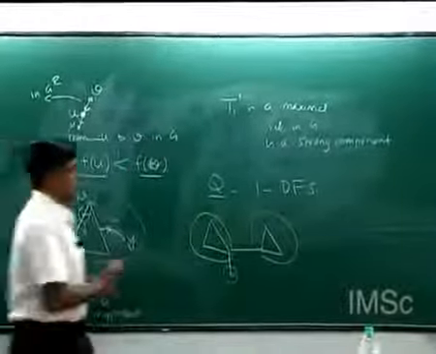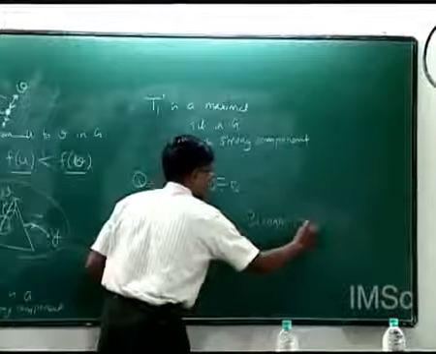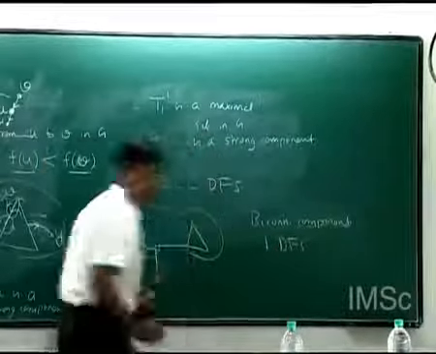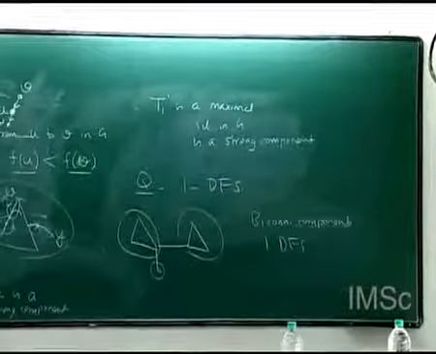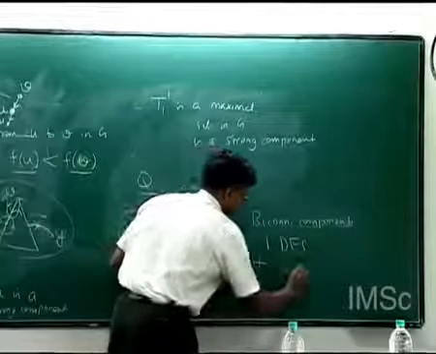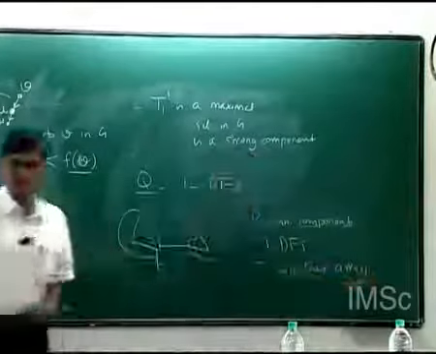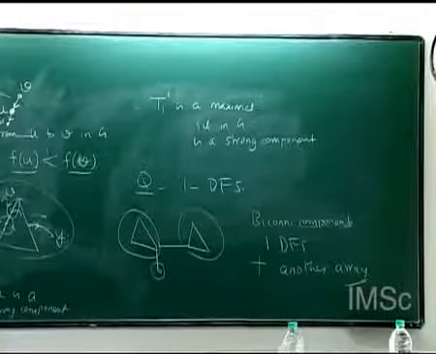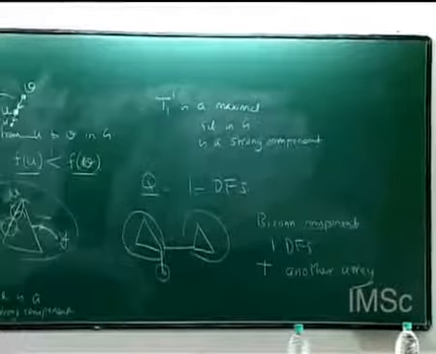So why is this question interesting? Biconnected components is just one DFS and an additional data structure, which is called low, so one DFS plus another array. All right. We will come to this in a minute.